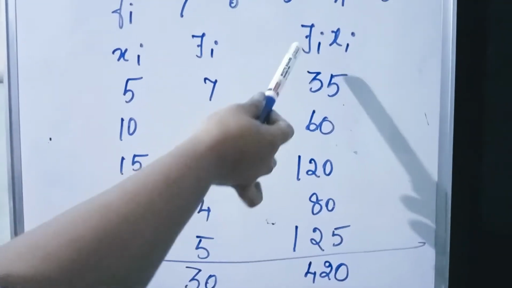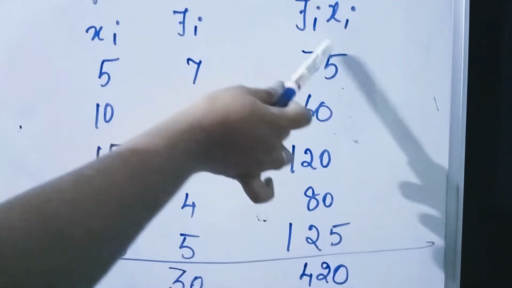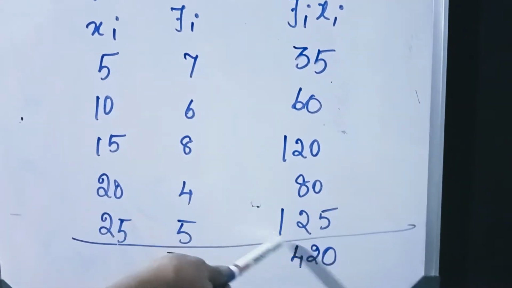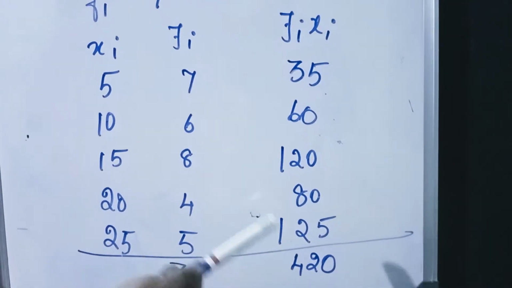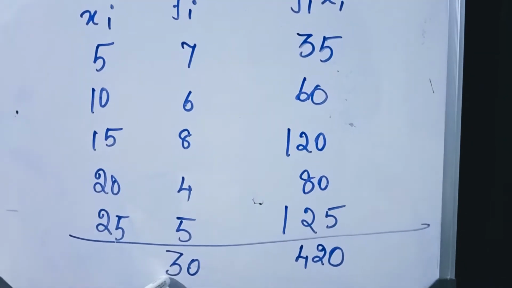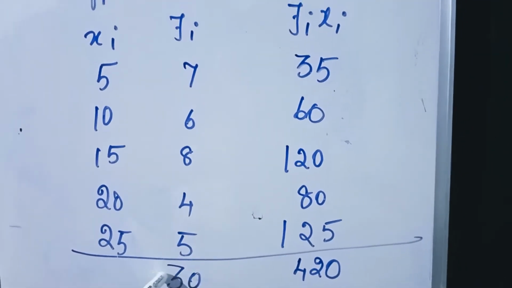Now we find the total of this fi xi, that is sigma fi xi. Just add these numbers. The answer is 420. Now we add the fi values, that is 30. This is called sigma fi.